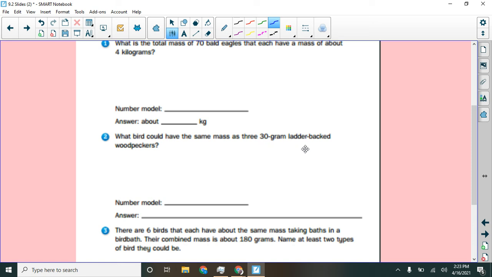What is my number model going to be here? Now, you could have said 30 plus 30 plus 30, but we're kind of past that now. We're going to have 3 birds, and each one weighs 30 grams. What is 3 times 30? 3 times 30 equals 90 grams.